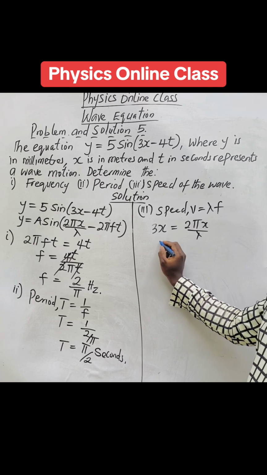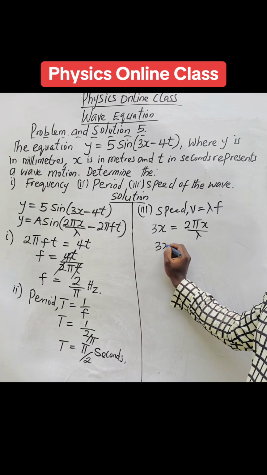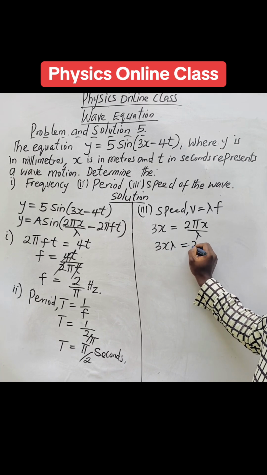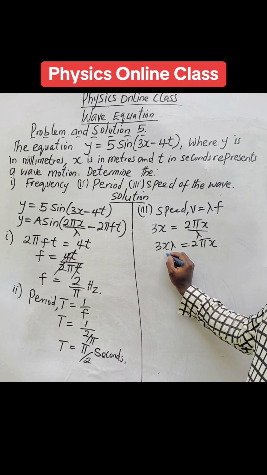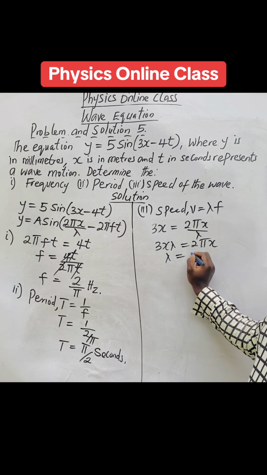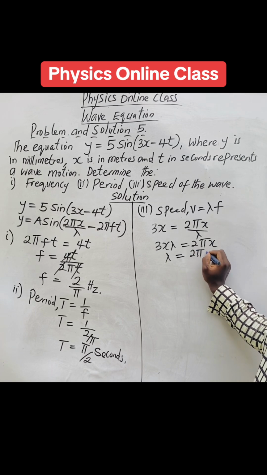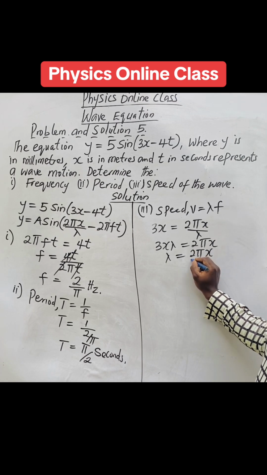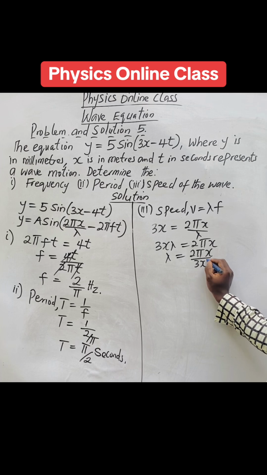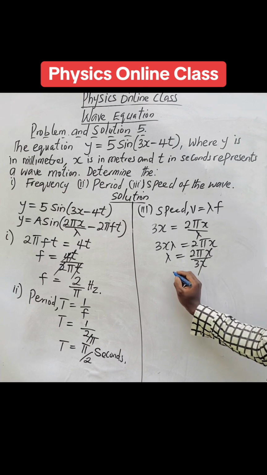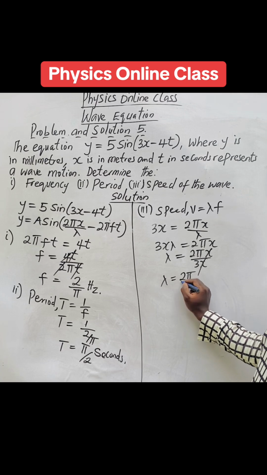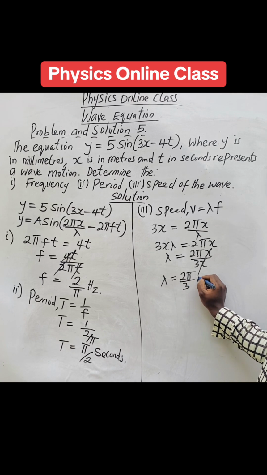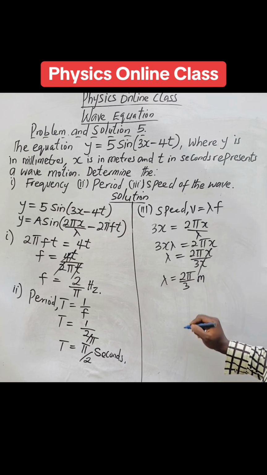So cross multiply, you have 3x lambda is equal to 2 pi x. So divide both sides by 3x, you have that lambda is equal to 2 pi x over 3x. So this will go with this. So our wavelength is 2 pi over 3 meter.